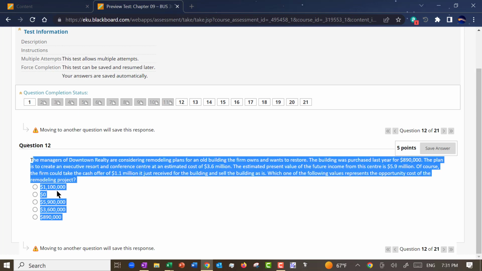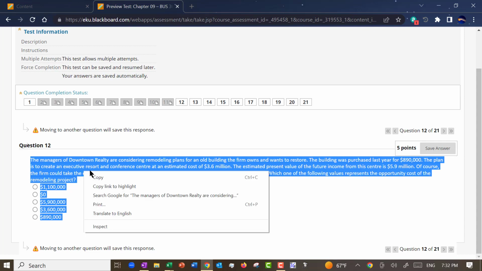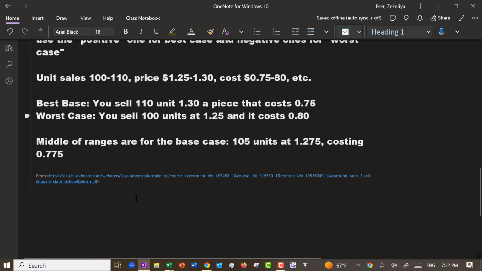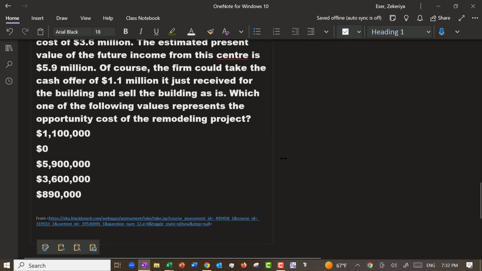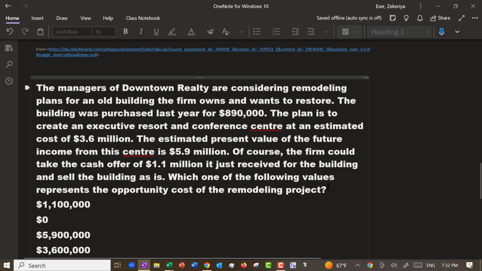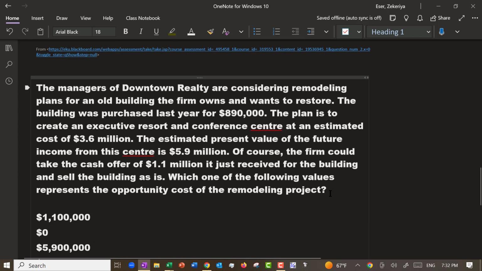Okay. They're considering remodeling plans for an old building the firm owns and wants to restore. The building was purchased last year at 890,000.